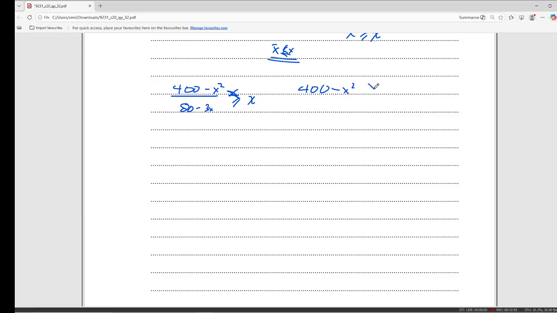I get this, and then 80x minus 3x squared. I can divide both sides by 2 and then I can rearrange it. Well, let's first rearrange it. 2x squared minus 80x plus 400 is greater than or equal to 0. We can divide 2 on both sides. We get x squared minus 40x plus 200 is greater than or equal to 0. Okay, now let's solve this quadratic. I'm going to input this into my calculator.